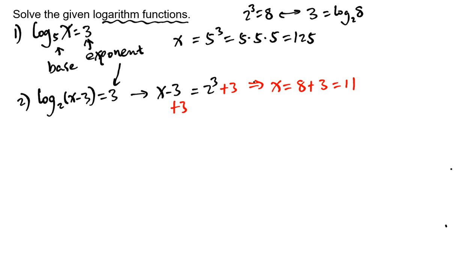Now let's see the third question. The third question is log base 30 of x squared minus x is 1. Again, rewrite it. The base is the base. I want you to mark this base.